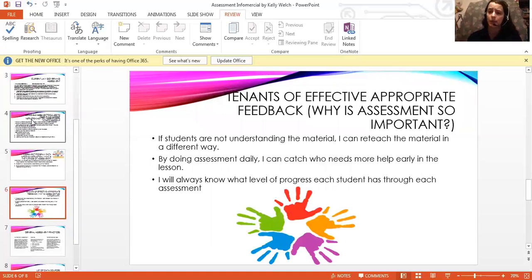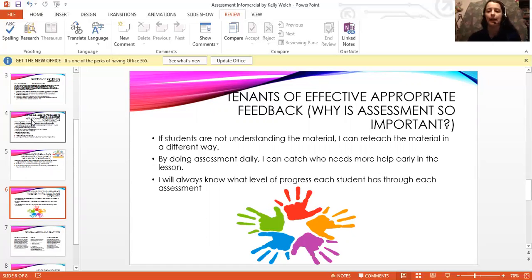So why is assessment so important? Assessment is important because students who are not understanding the material, I can reteach the material. So if some students are not getting it, then that means that there might be a problem with the way I'm teaching the material. So I will correct my teaching in order to instruct them better and to better engage them and just to see how they are doing. So by doing assessment daily, I can catch who needs more help early on in the lesson.